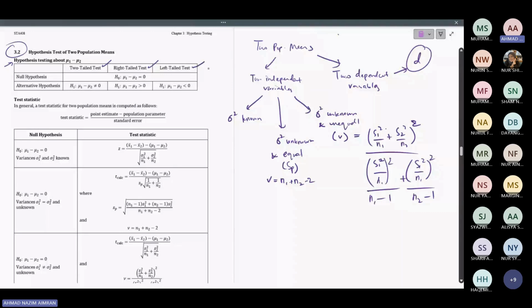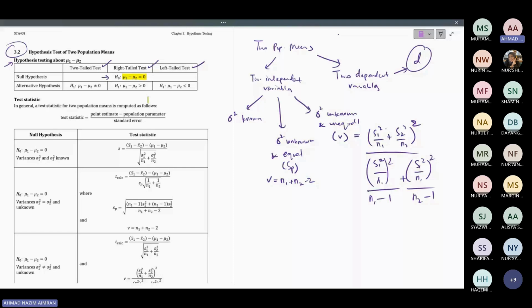The null hypothesis is always mu1 minus mu2 is equal to 0, because for two population means we want to find if there is any difference in the means of the two populations. If it includes 0 in the confidence interval, for example, then we conclude that there is no difference in the means.